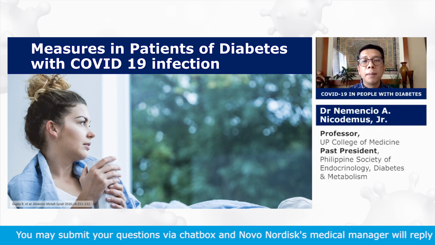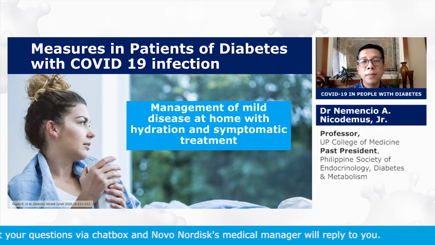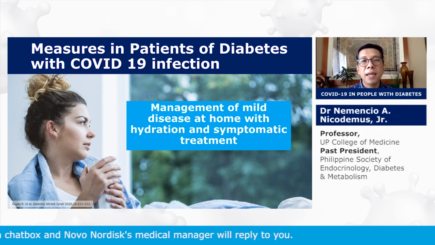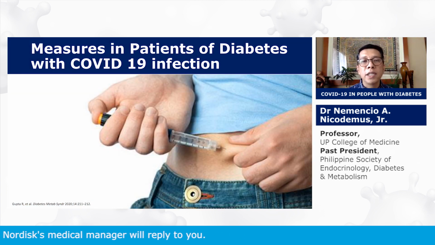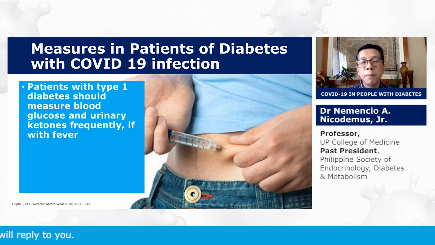Thirdly, people who have mild disease must stay at home and must hydrate themselves and may take medications in order to improve symptoms. Since these patients are diabetics, it is important that those with type 1 diabetes should measure their blood glucoses very regularly, and if needed, there should be urine ketone measurement.